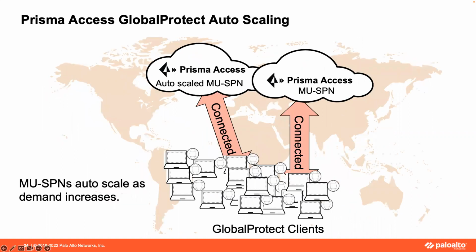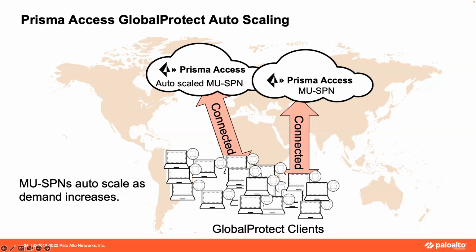Now you're going to want these different gateways, these different MUSPNs, to be deployed close to your users, as I mentioned before. And the question often comes up, how do you control the number of users that connect to a MUSPN, or is there some limitation? Well, there's not a limitation.